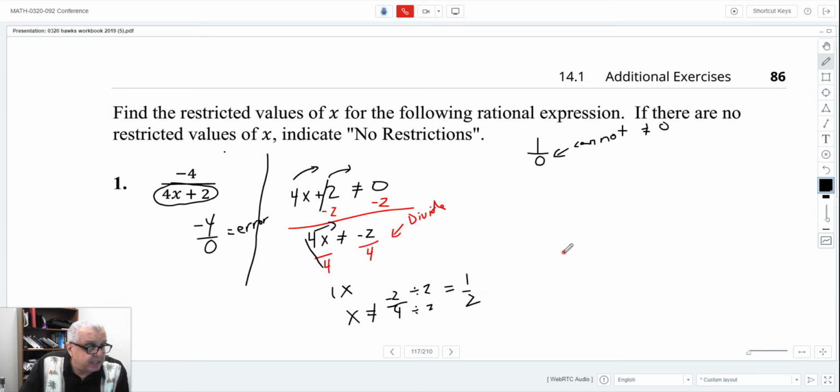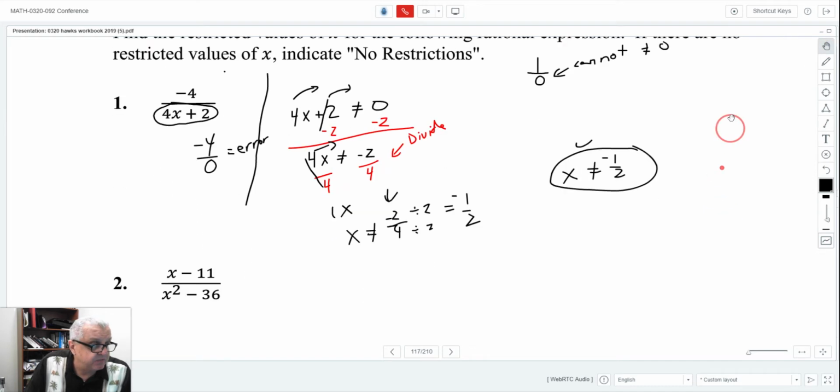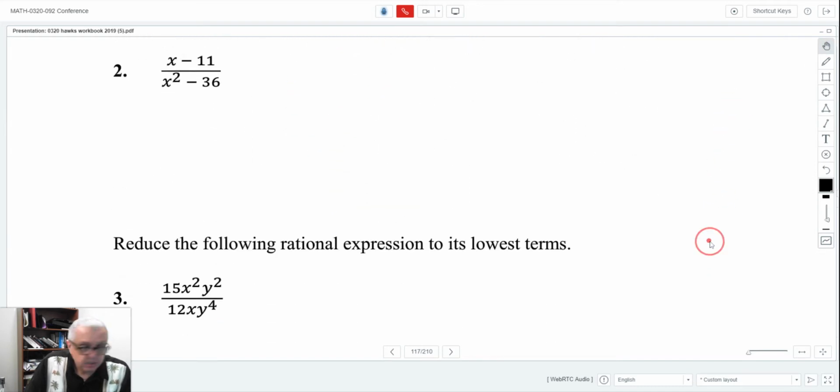So the real answer that I would be looking for if this is a multiple choice test is x cannot equal negative 1/2. Negative 2 over 4 reduces to negative 1/2. So this is the answer to the first one. And by the way, these are in no particular order according to the test. I just went through this and found problems that are similar.